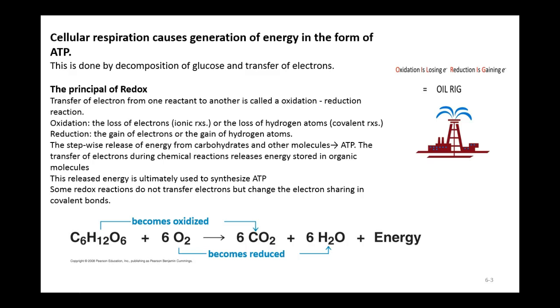Remember 2, because in a long chain, carbon makes 4 bonds. 2 of those bonds will be attached to the next 2 carbons in the line, the carbon before it and the carbon after it. And so each of those carbons is going to have 2 hydrogens. That's a lot of hydrogen bonds that can be broken down to release energy.